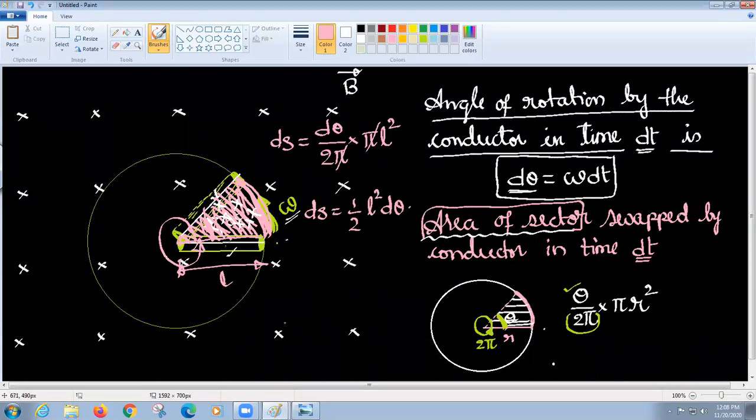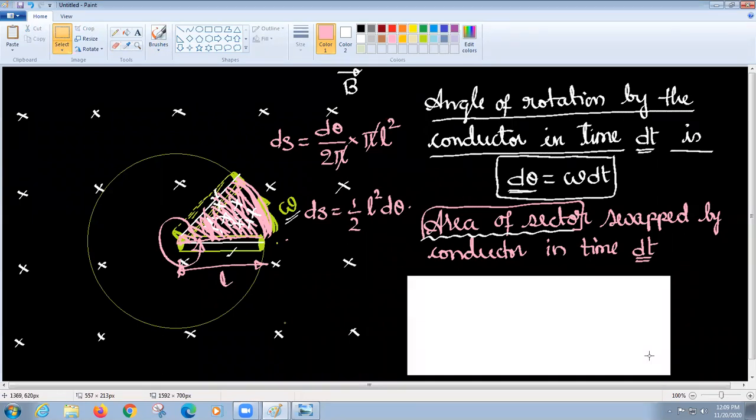Now, what is the flux cut in time dt by the conductor? I'll write this as the last note.